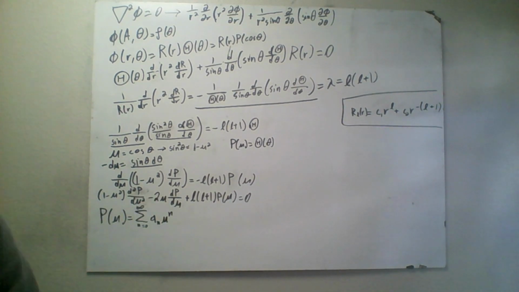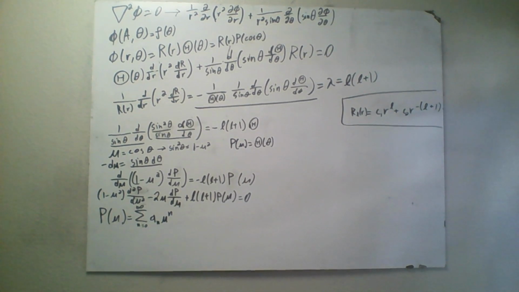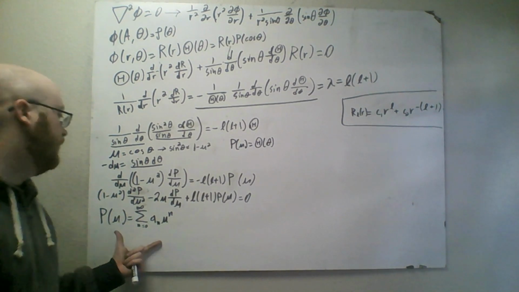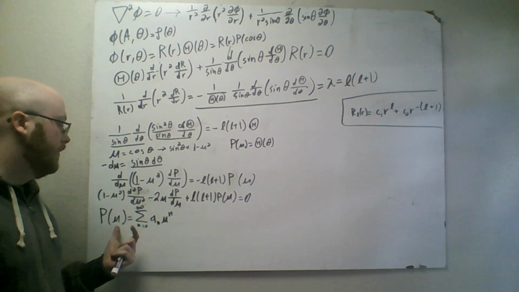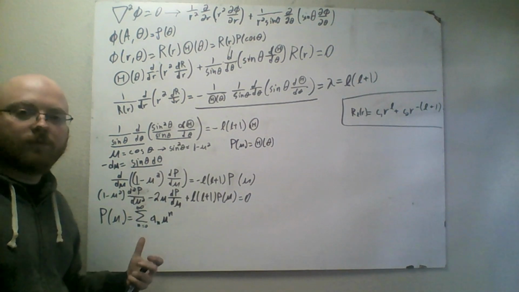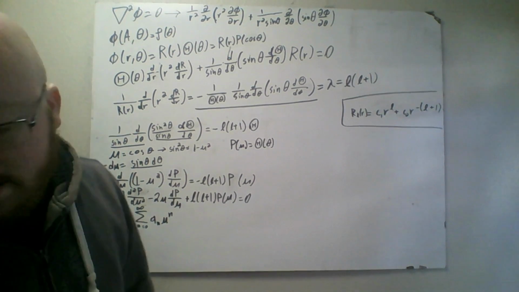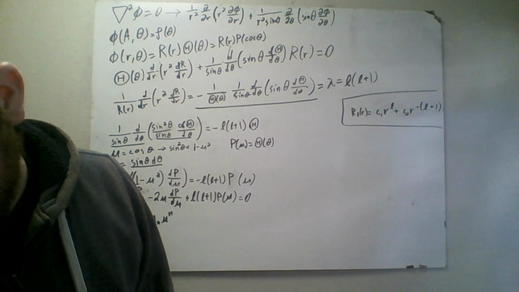Right, that's just my guess. So it could turn into some kind of polynomial solution. It could do something weird. But I should be able to represent every function as this, even if it's not like a nice function or an analytic function or anything like that.